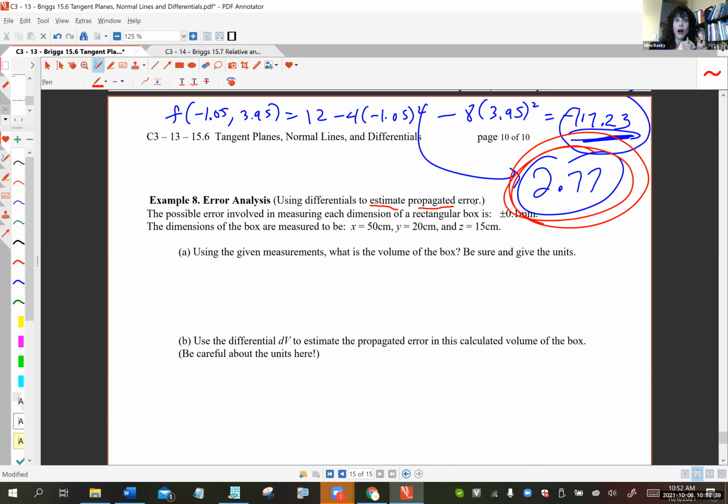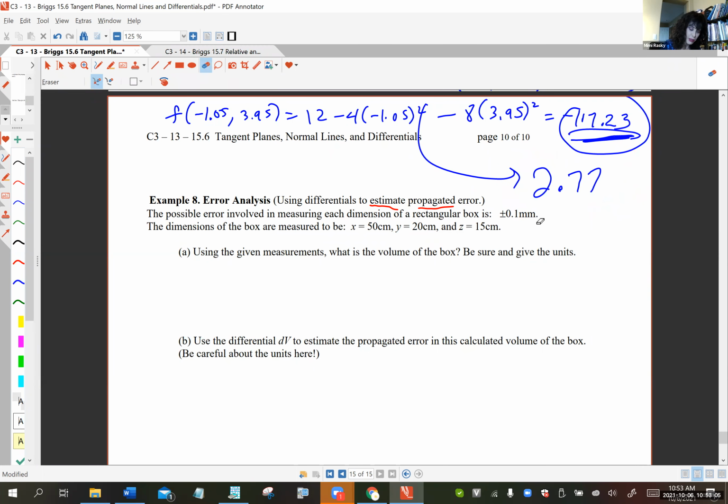If you round off your decimal answer too early, say to tenths, at the beginning of your problem, and then use that throughout the rest of your problem, your final answer might be far off the mark because you rounded too early. That's one example of propagated error. Not good. So let's take a look.